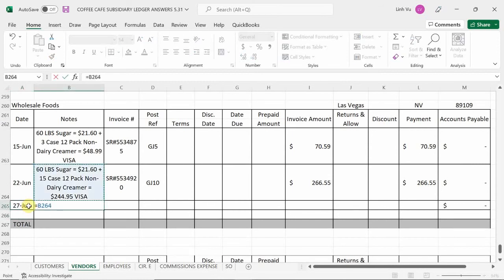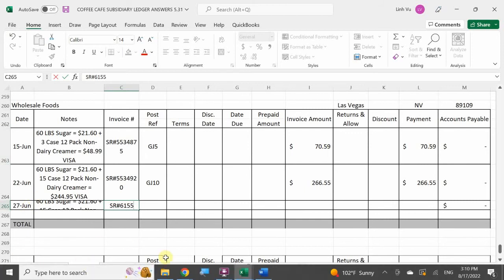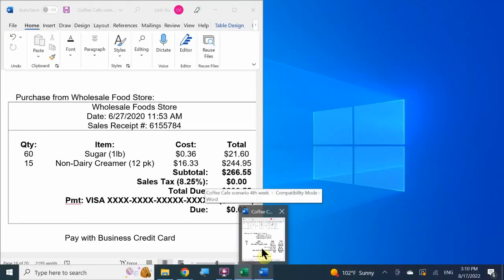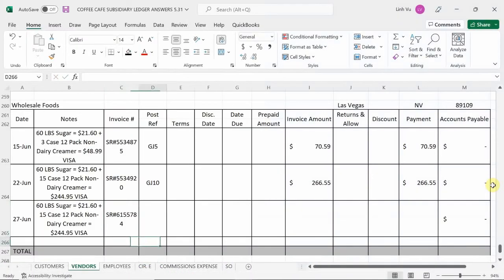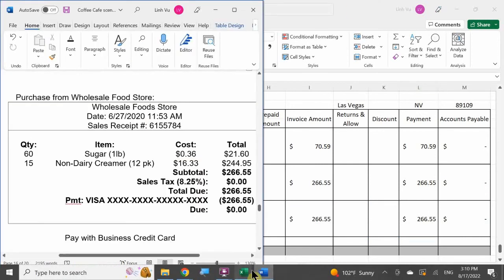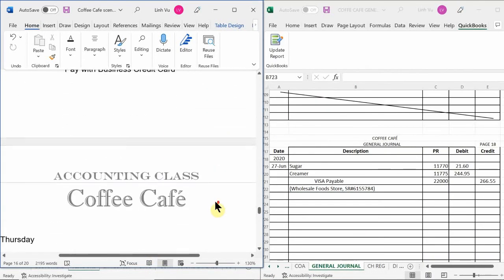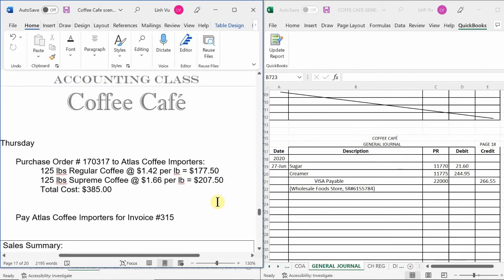And we purchased the same thing that was done on the 22nd, so that can copy over. 5784 for 266.55 on the amount and also on the payment. And that should take care of that transaction. Good.